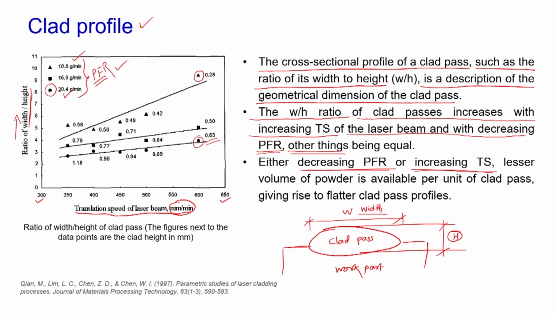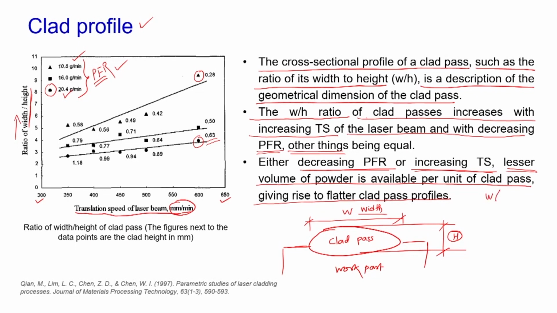The reason is that a lesser volume of powder is available per unit clad pass, giving rise to flatter clad pass profiles. So, when we decrease the PFR value, when a low amount of powder is applied, we get flatter clad pass profiles.